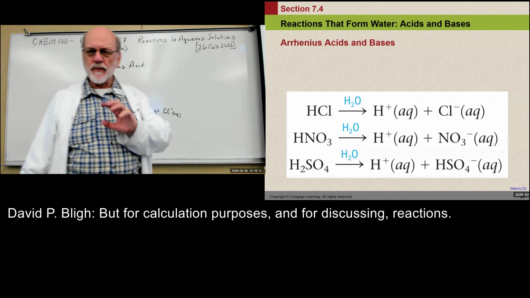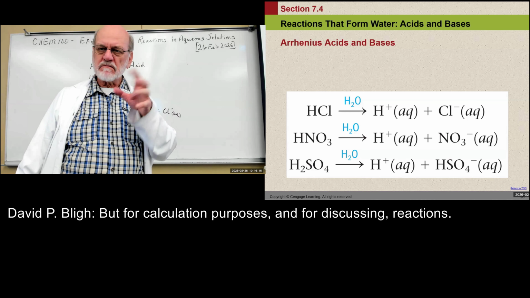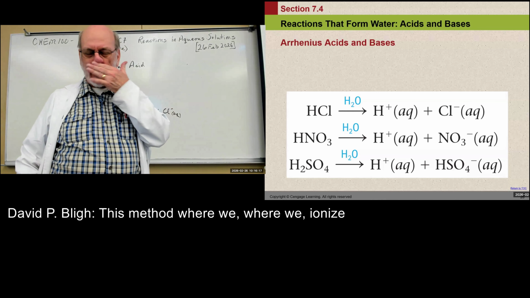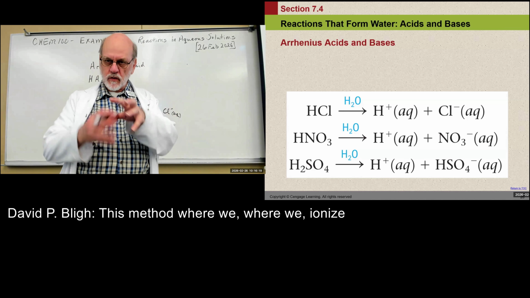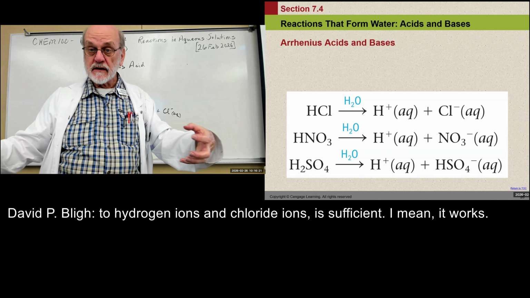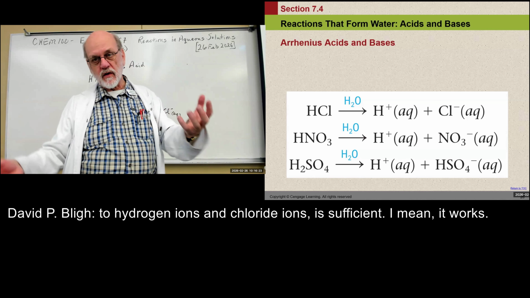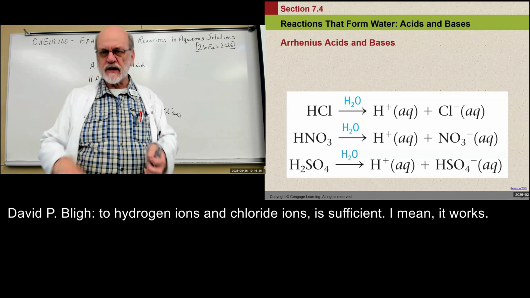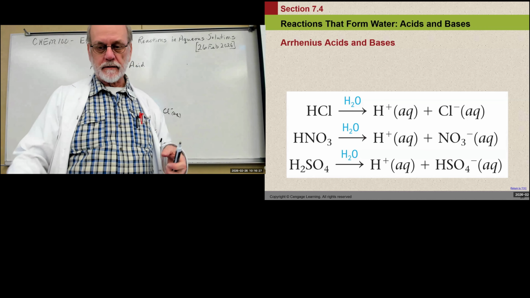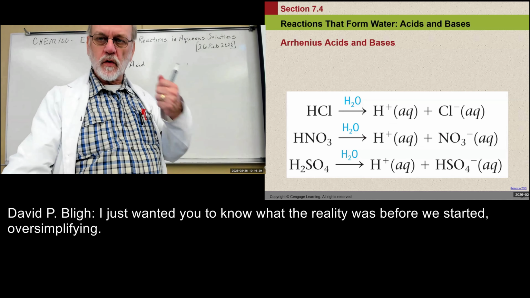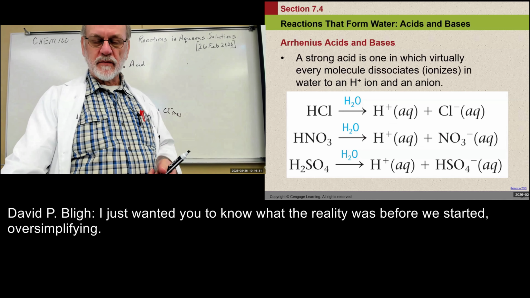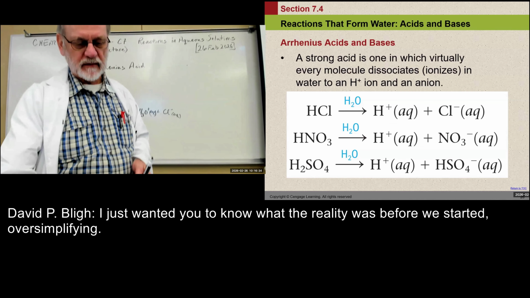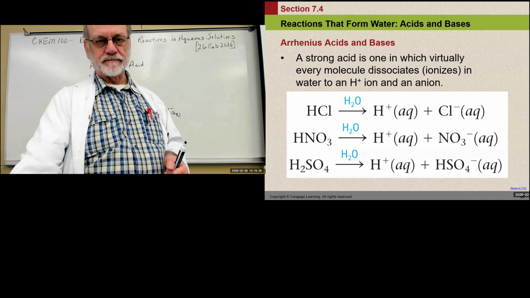But for calculation purposes and for discussing reactions, this method where we ionize to hydrogen ions and chloride ions is sufficient. I mean, it works. I just wanted you to know what the reality was before we started oversimplifying.